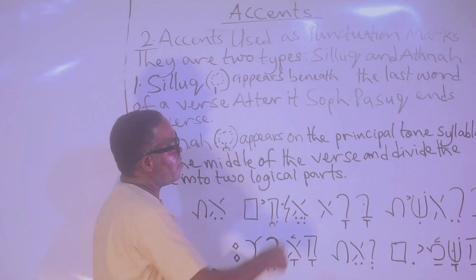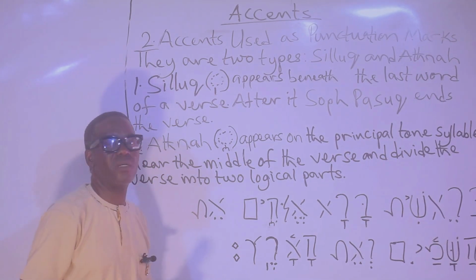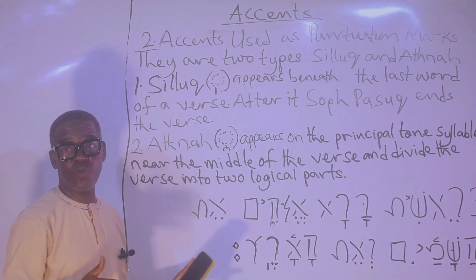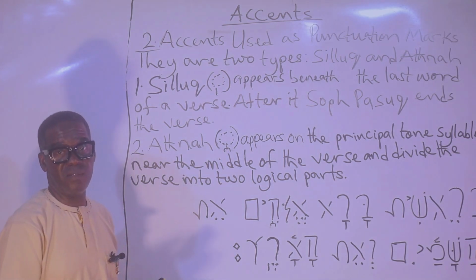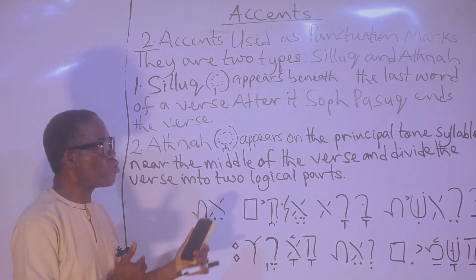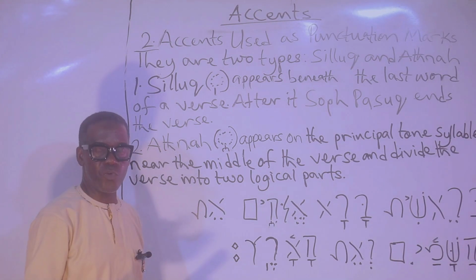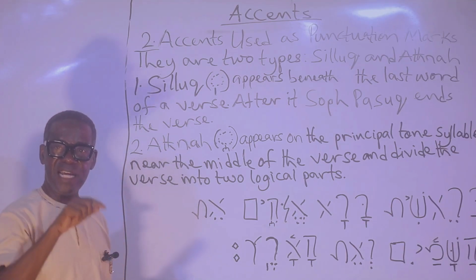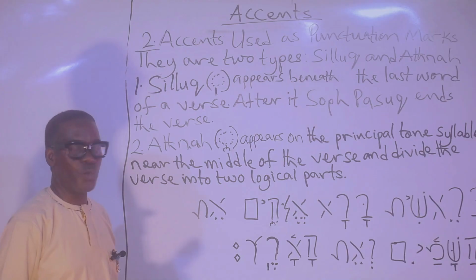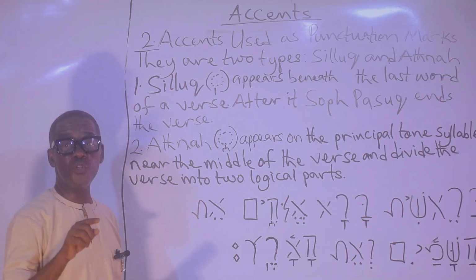After it comes Sof Pasuk. Sof Pasuk actually means end of verse. And after Siluk, Sof Pasuk will appear at the end of that verse to show that this is the end of the verse, which is equivalent to our English full stop.